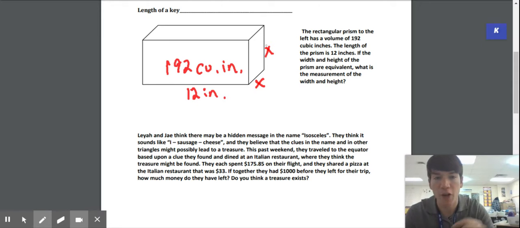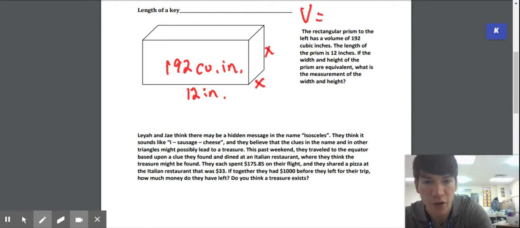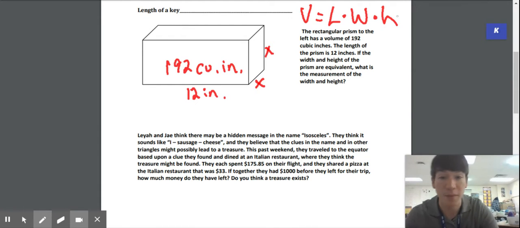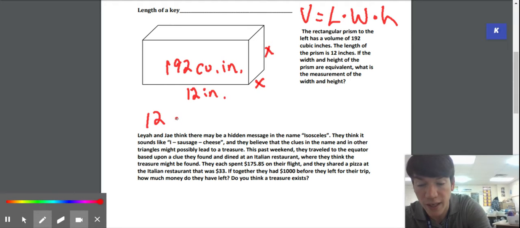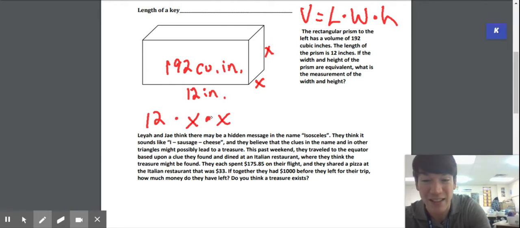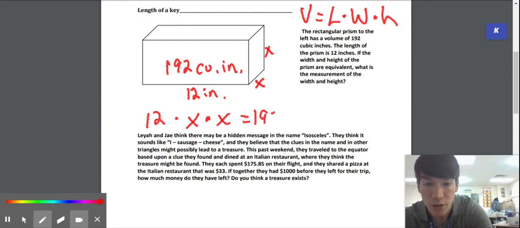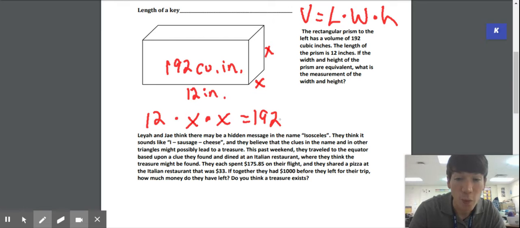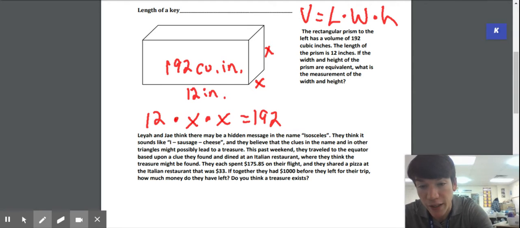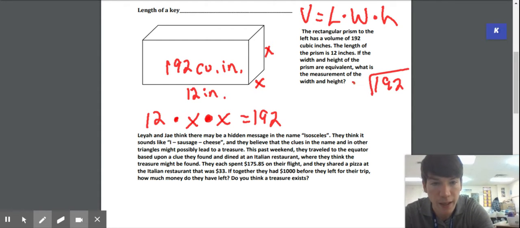Now, remember to find the volume of a rectangular prism, we say volume is equal to the length times the width times the height. So basically what I'm saying here is that 12 times some number times that same number should give me 192. Now, we just have to figure out what is that number? What is that X in this case? To figure that out, the first thing I think about doing is, if I know I'm multiplying here, could I first start out by dividing 192 by 12?